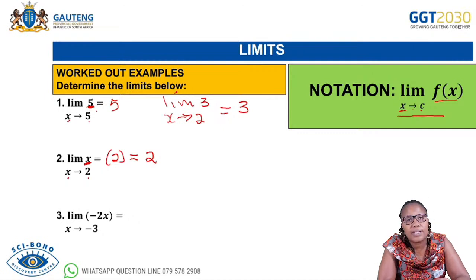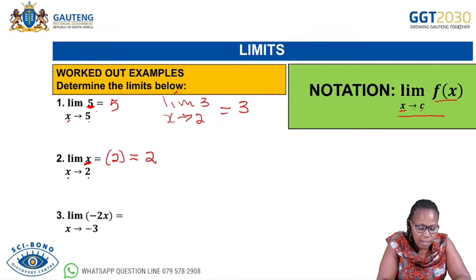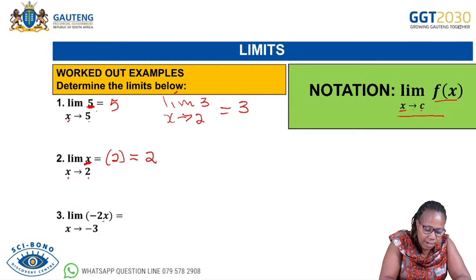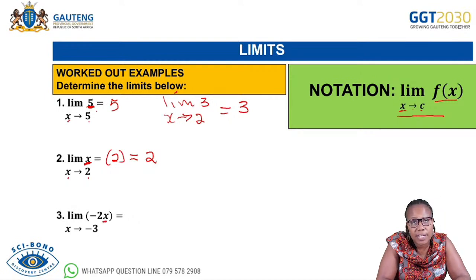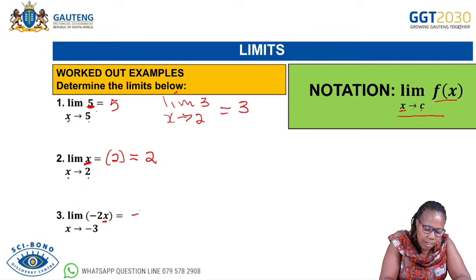Looking at the third example, grade 12, we are having the lim of minus 2x, and x is approaching minus 3 now. Yes, we do have an x in our f(x). Therefore, where we are having x, the x will now be approaching minus 3 in this case. So this will give us minus 2, and for x we are substituting minus 3.